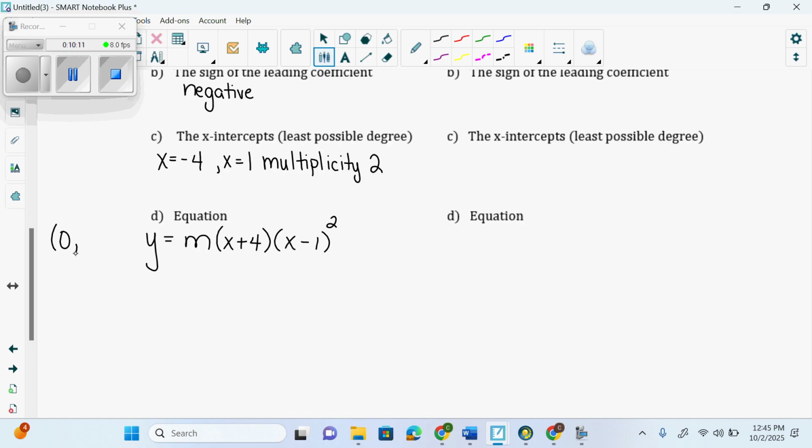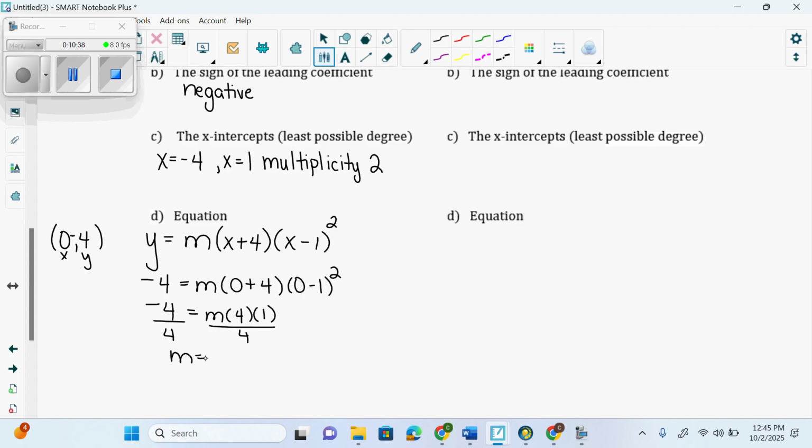So I'm going to say, okay, I can use 0, -4, and that's my x and my y. Now I'm going to plug them in. So I get -4 equals m, 0 plus 4, 0 minus 1 squared. -4 equals m times 4. -1 squared is 1. Divide the 4 over.